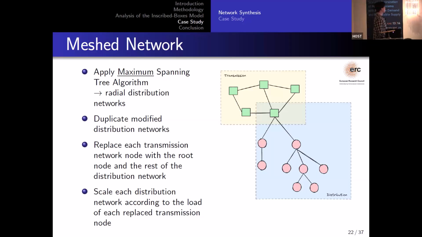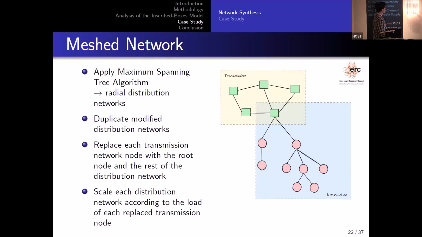The maximum here is in order to keep most of the line capacity of the network, and not change the topology as much. And we duplicated arbitrarily as many networks as we wanted. In our case, we had 5 DN2s and 1 DN1. And this is completely arbitrary.